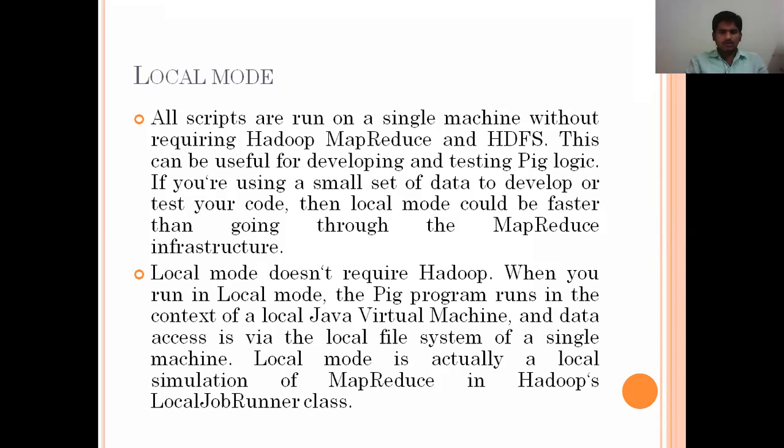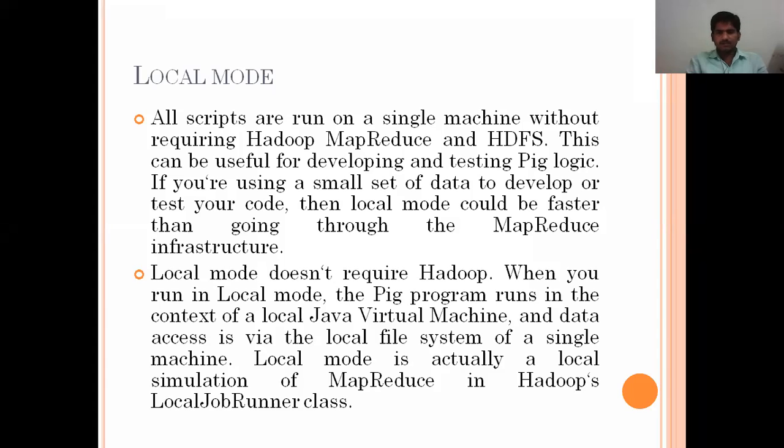So local mode is actually a local simulation of MapReduce in the Hadoop local job runner class. So the local job runner class is going to be used for running the Pig Latin script in local mode.